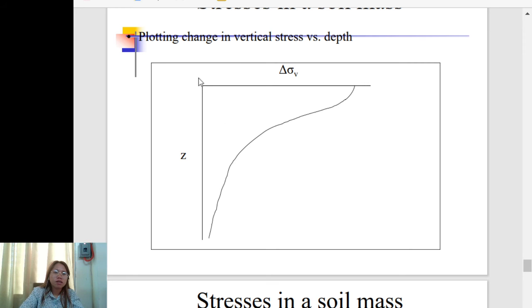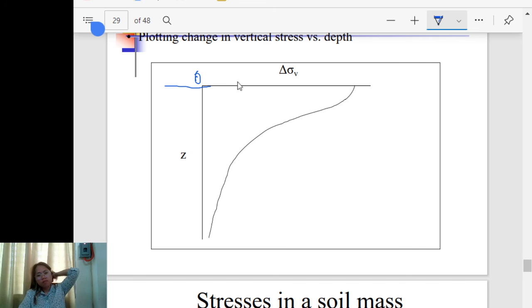If this is 0 here, this point is 0, then 1, 2, 3, 4, if this is the footing depth, the deeper you go, the smaller the stress. Yes. So what happens is, the stress gets smaller with depth, and the closer you are, the larger the stress. This part here. That is how the graph looks.